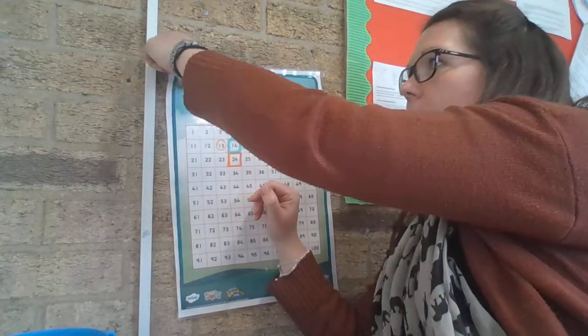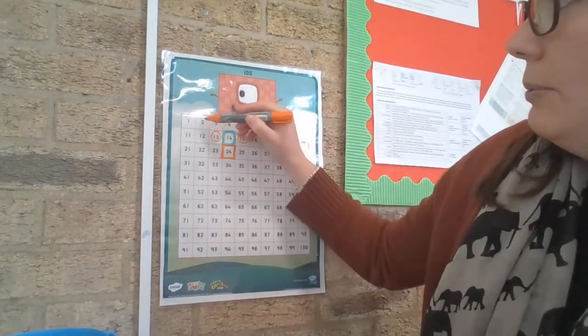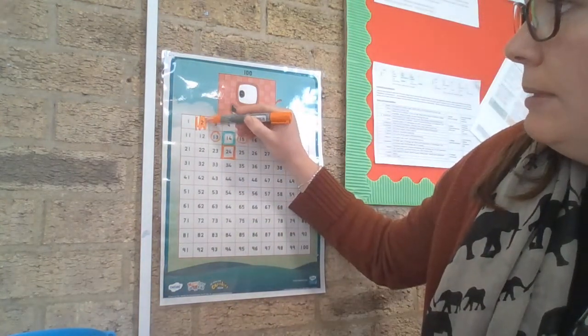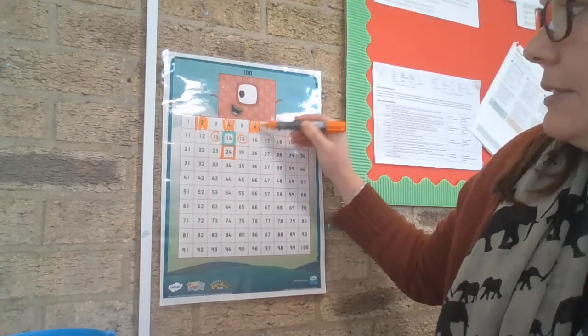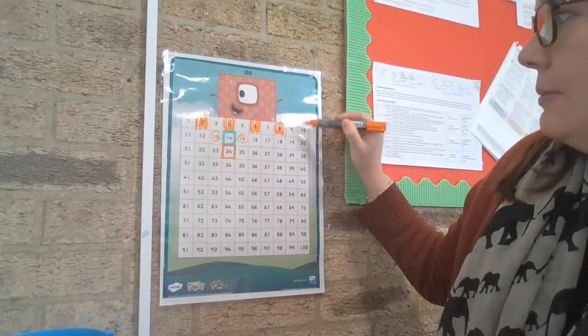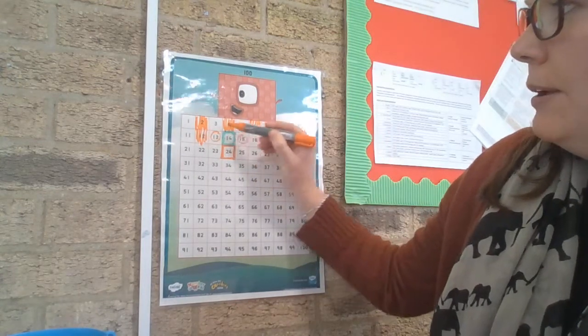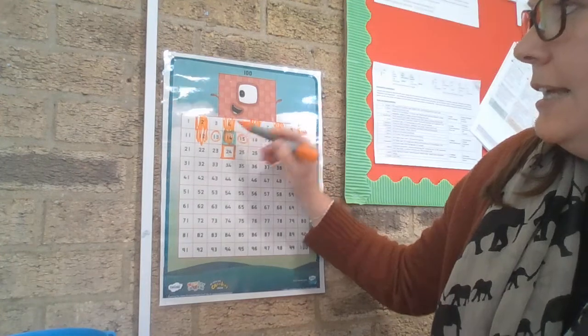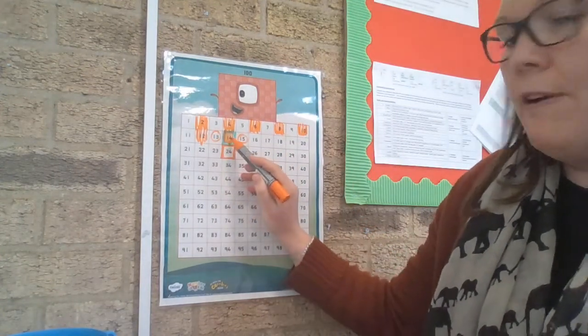Each time you jump, you can move along, so you might like to colour them in. We're going to say 2, miss 1, 4, miss 1, 6, miss 1, 8, miss 1, 10, miss 1, 12, miss 1, 14. So 2, 4, 6, 8, 10, 12, 14.